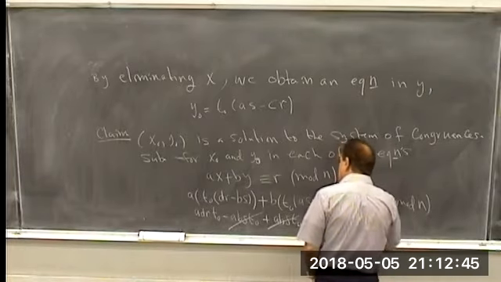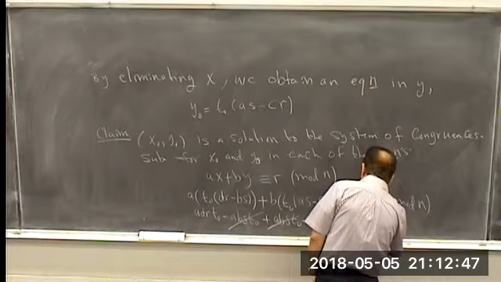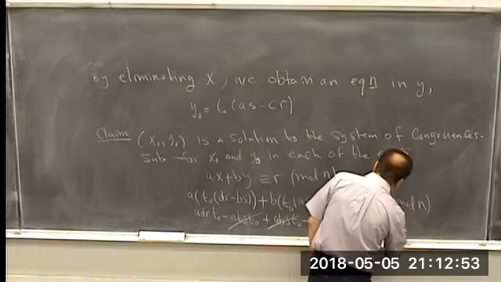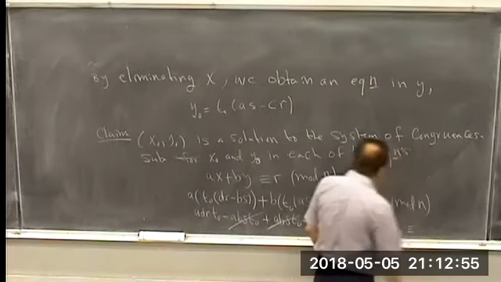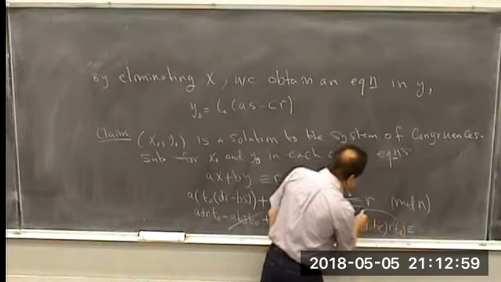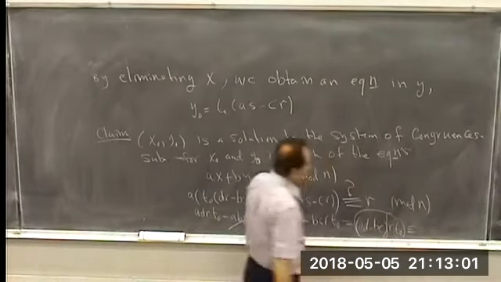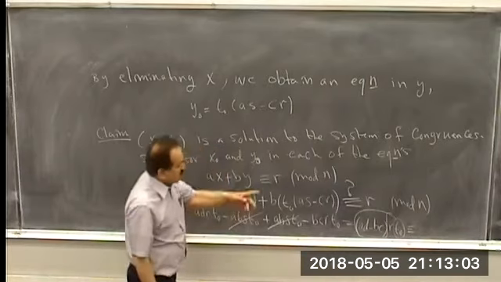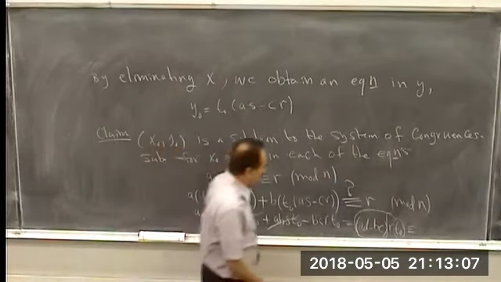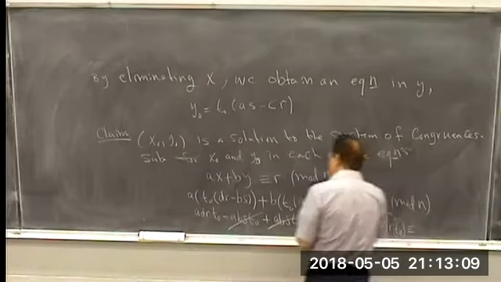So we could do that, and then say this is (ad minus bc) r t sub 0. But the ad minus bc times t sub 0, remember, is actually congruent to 1. We have put them next to each other.